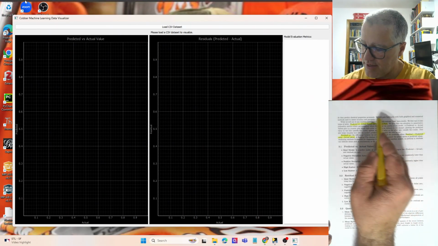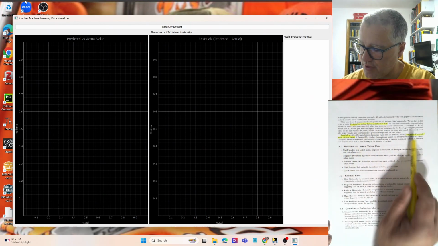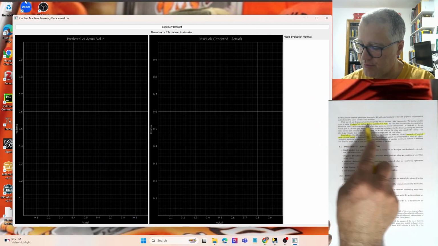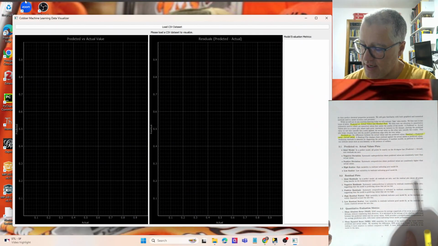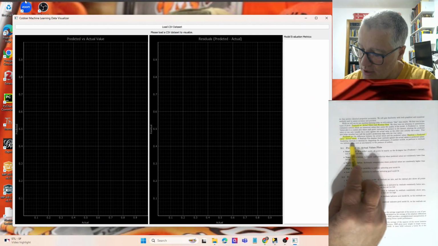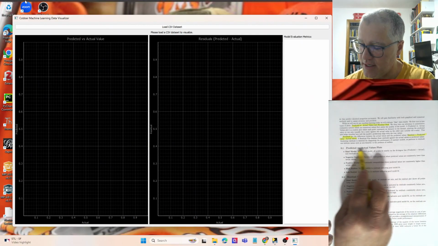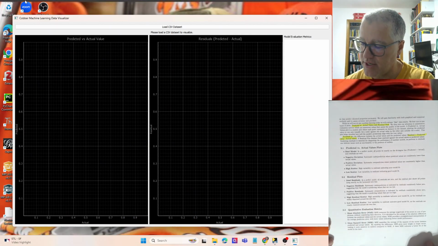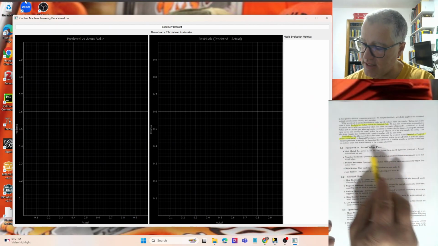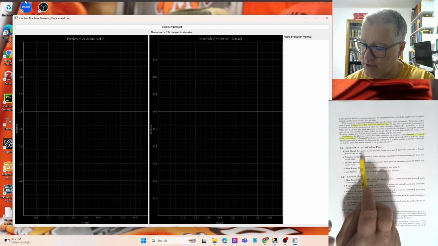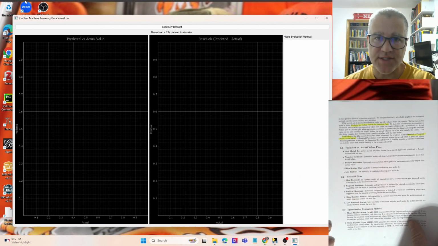Okay, so I've said this a couple of times now: actual versus predicted, and then residual plots. We're going to look at four different scenarios. The ideal model, of course, is what we're comparing to. That would be everything falls exactly on the 45-degree line. We're going to look at a negative deviation case, a positive deviation case.